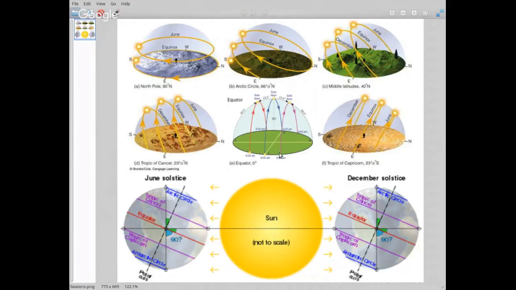But according to this, at the June solstice, which I think on theirs is this line, it is still straight up and down, 6 a.m., 6 p.m., 90 degrees. It's just a smaller arc. But in the southern hemisphere, at the June solstice, it's leaning toward the equator.